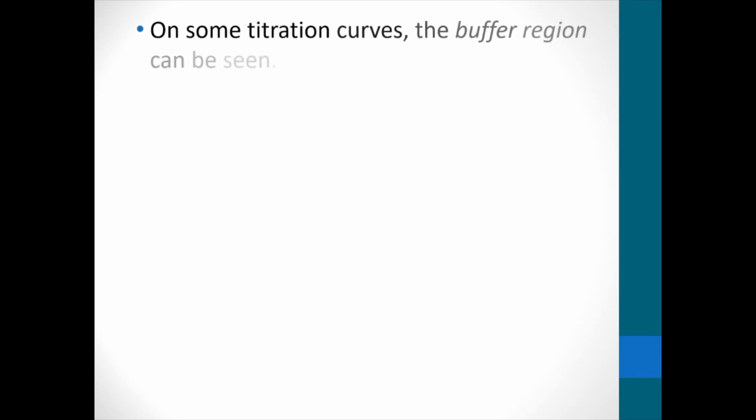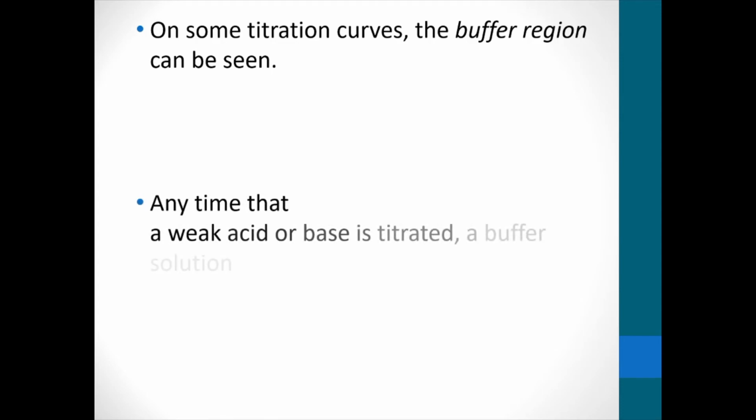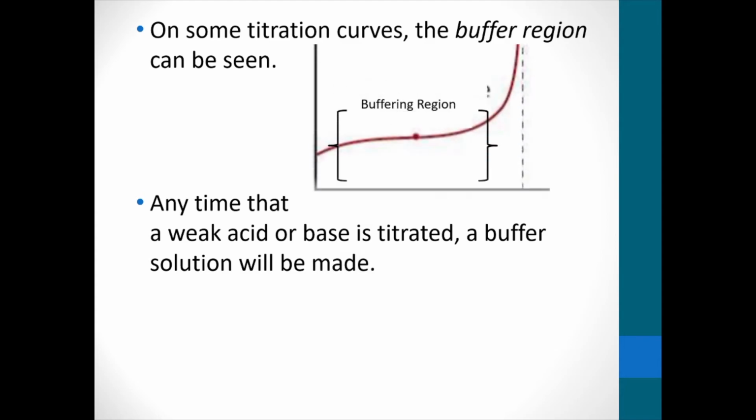Right. Now, a titration curve for buffers: since buffers are made of weak acids and weak bases, we use the titration curve for a weak acid or a weak base. And you can actually see the buffer region in the titration curve for these substances. So here is part of the titration curve.